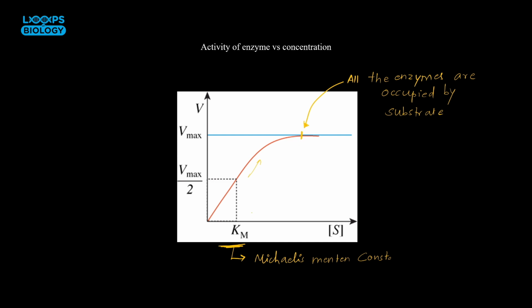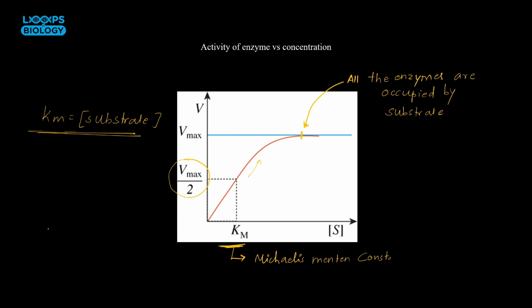And whenever I'm talking about Km, the Km is nothing but a substrate concentration itself. But it is the substrate concentration at the point when the enzyme activity is half of its maximum. That particular point of substrate concentration is called Km.